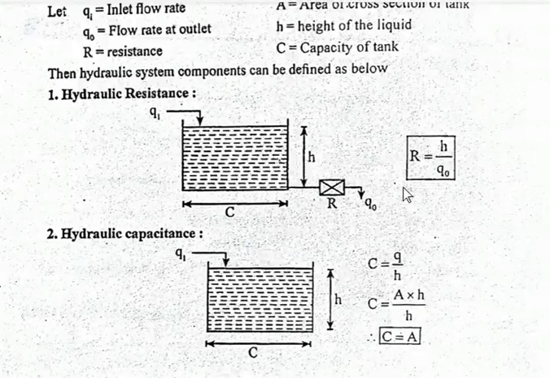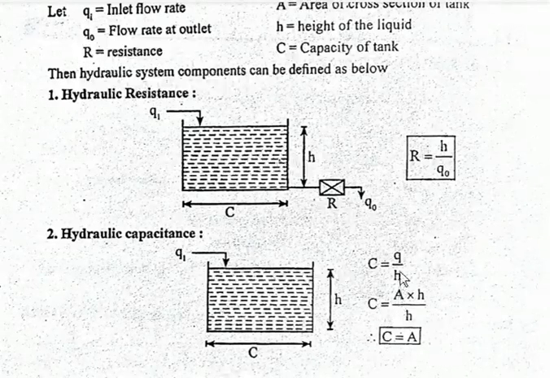So this is the mathematical modeling of the hydraulic system for hydraulic resistance. Next, hydraulic capacitance. Similar diagram. The capacitance is q by h, so C is q divided by h, while R is h by q naught.